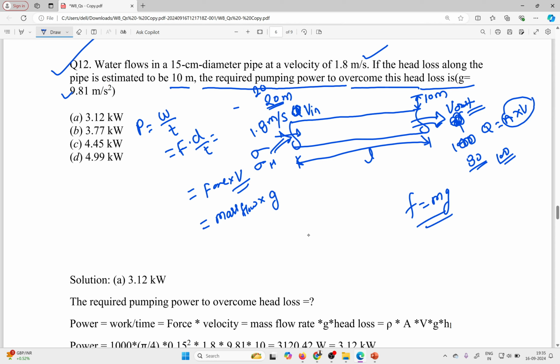So here we are talking about mass flow rate. Mass flow rate means force per unit time; if you take the force per unit time, only the head loss will remain.